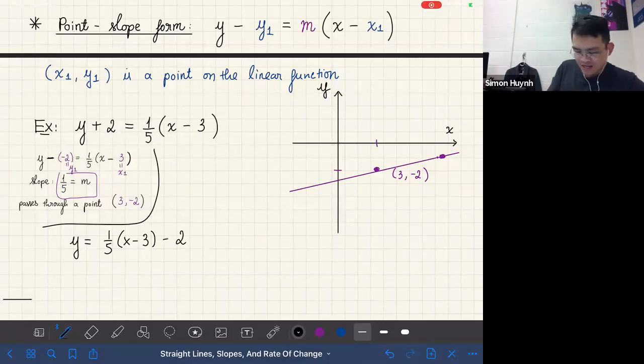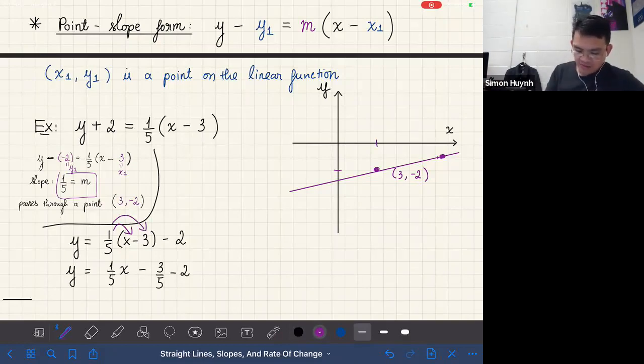We are not done yet. We don't want it to be like this. We want to expand everything out. So if we expand everything out, we get y equal to 1/5 times x minus 3 over 5 minus 2. What I did here is distribute the 1/5 into the parentheses.